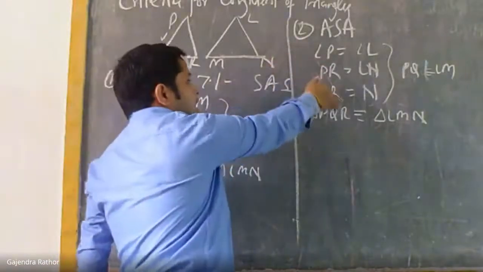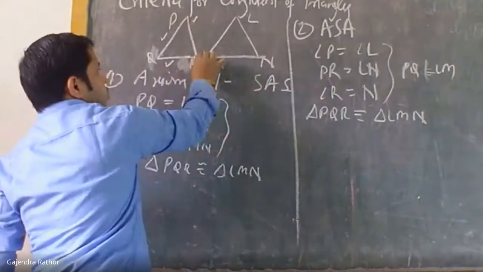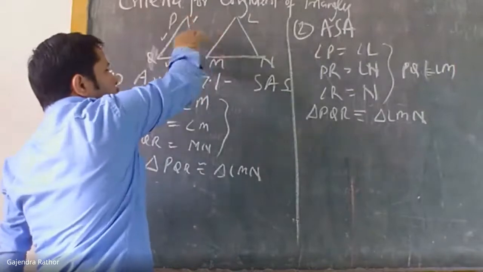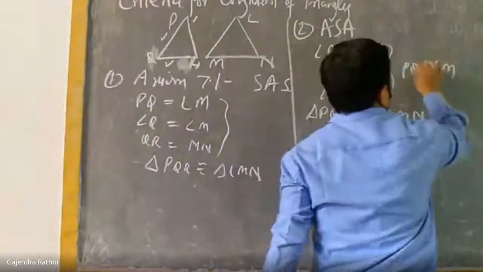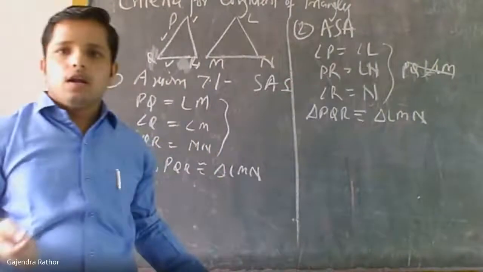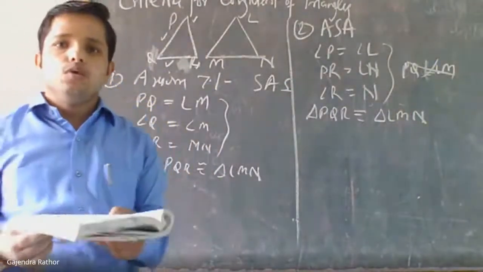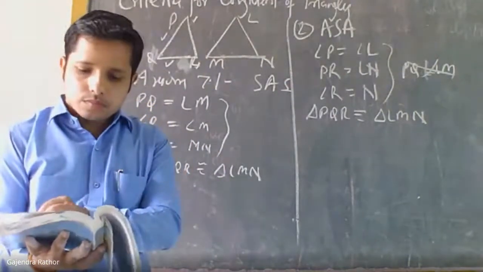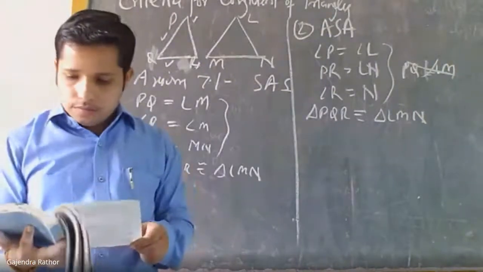Our two angles are P and R, so the included side is PR, not PQ. We have to remember this when we use this property. This is the second criterion.